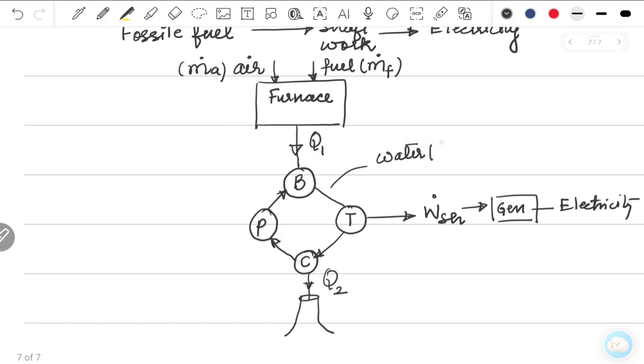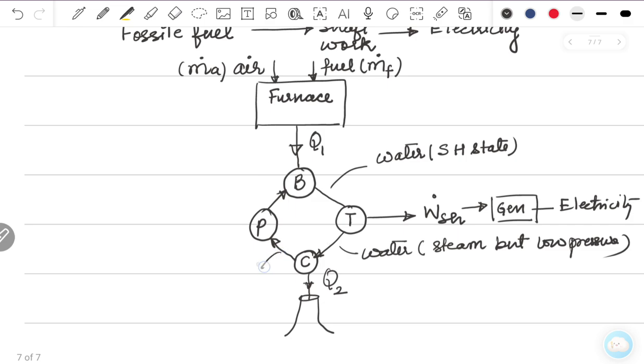Here if you look, the water is in a superheated vapor state. After the turbine, water is in the steam state, but it is of very low pressure.